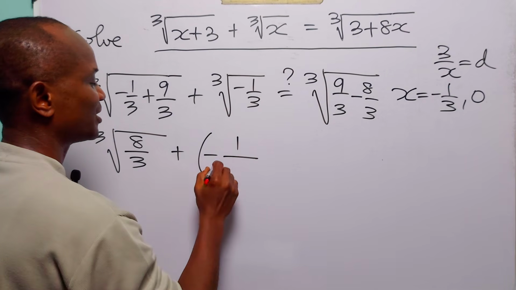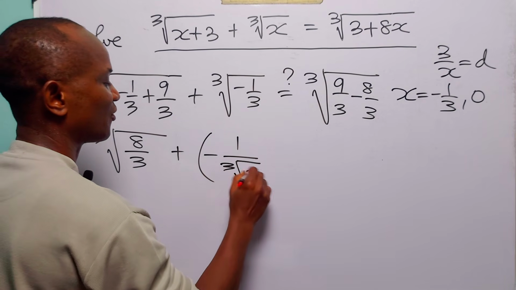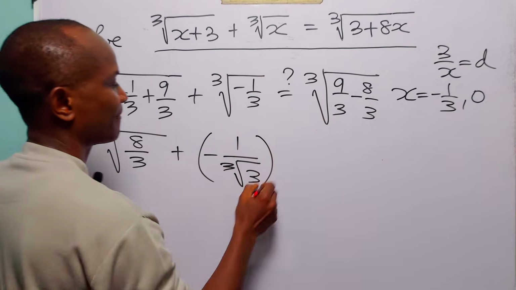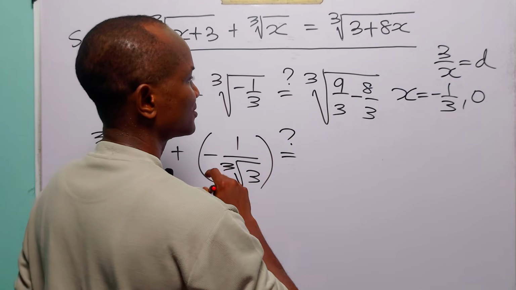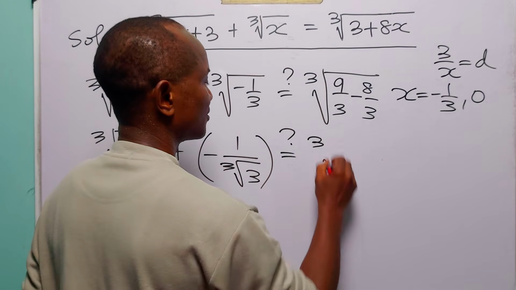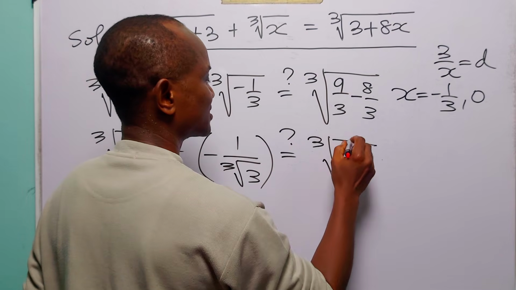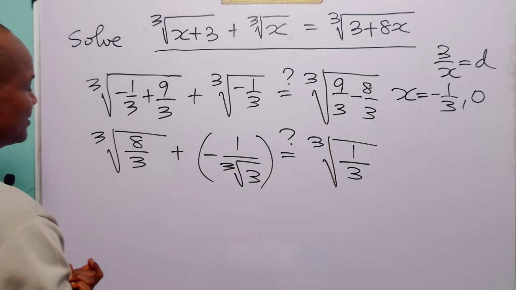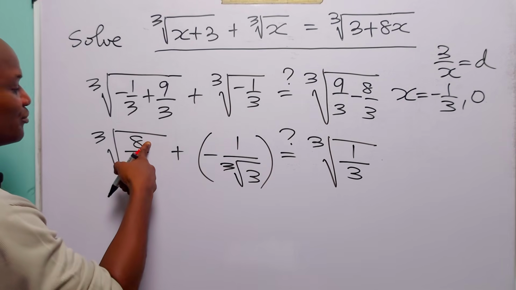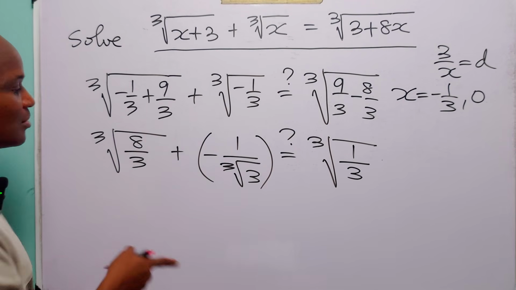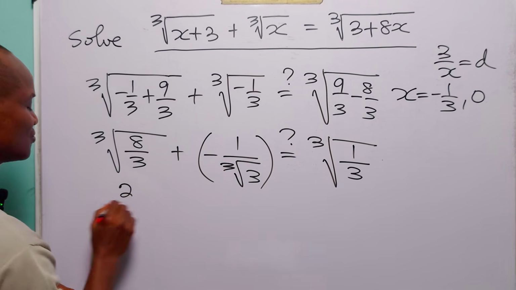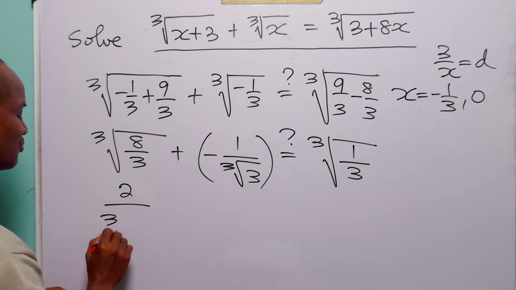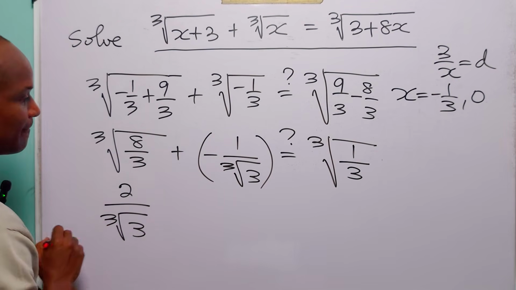And then in the denominator, we have the cube root of 3. Now, is this equal to the cube root of 9 minus 8 is 1. And of course, we have the denominator, which is 3. Now, the cube root of 8 is 2. So we can write this as 2 over the cube root of 3.